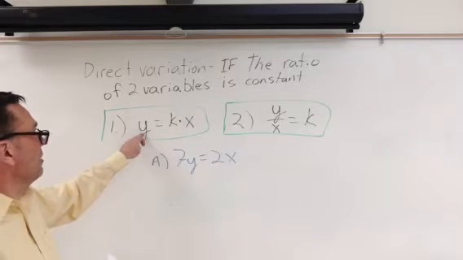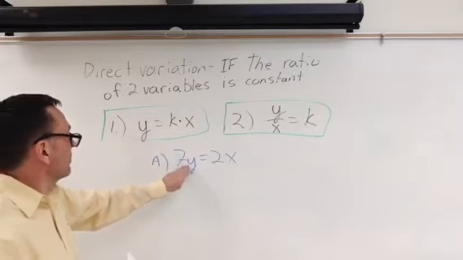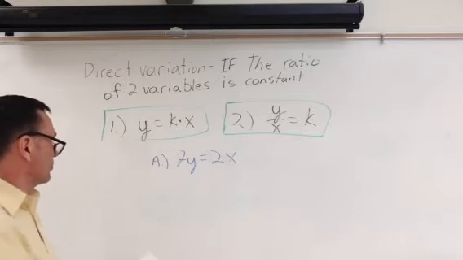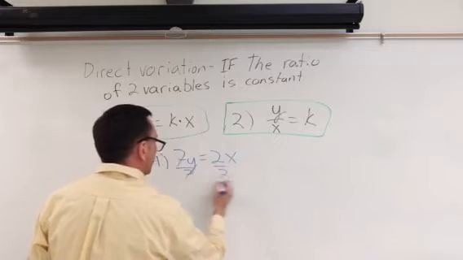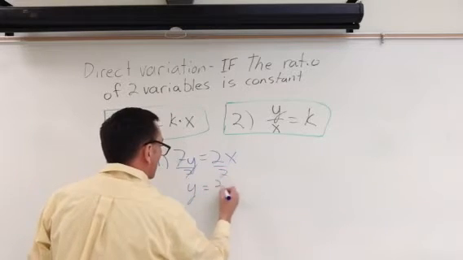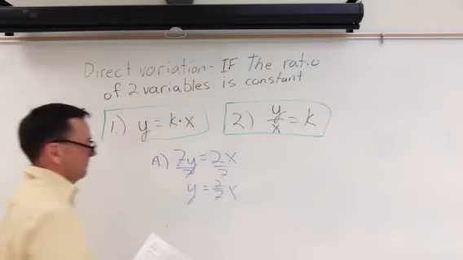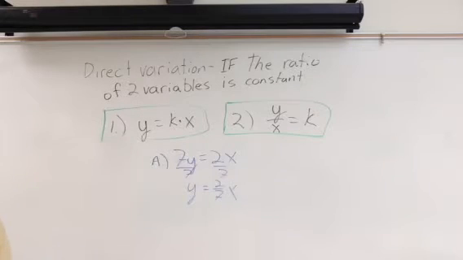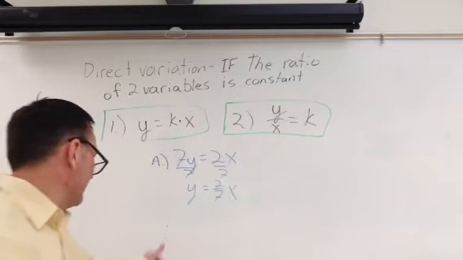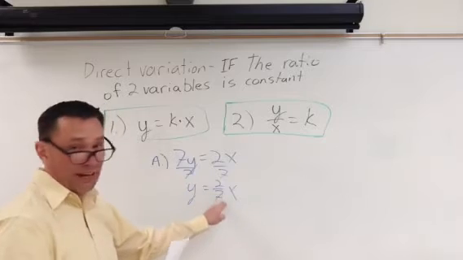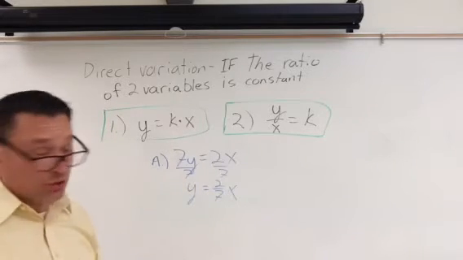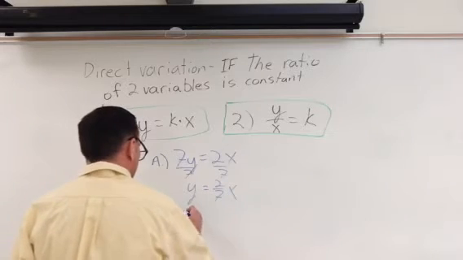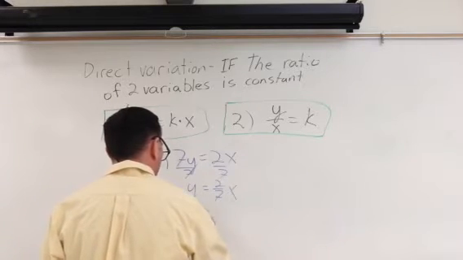It's always by itself. So in order to get rid of this, to make it y equals, trying to get it in this form, we divide both sides by 7, and we end up with y equals 2/7 x, or 2/7 times x. In this case, the constant is 2/7, and it's multiplying by x. No addition or subtraction, so this is a direct variation.